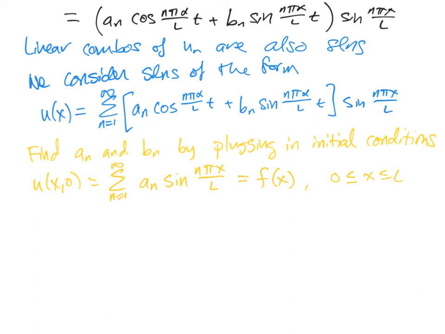And then our derivative, du dt of x,0. Now we can take the derivative with respect to t termwise through this series. The cosine term will turn into a sine and then go away when we plug in t equals 0.